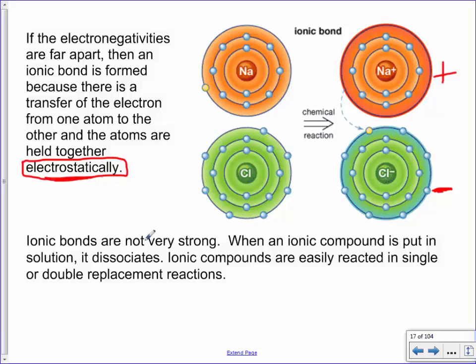Here's one of the weird things though. It's actually not a very strong bond. How do you break an ionic bond? Well, one of the very first things we learned about in Chemistry 20 is the term dissociation, dissolving things. Do you guys remember that term from way back when? If I were to give you NaCl solid, an easy way to break this bond is to make it Na+ and Cl-.